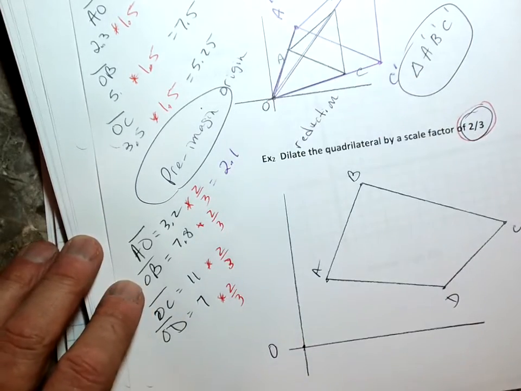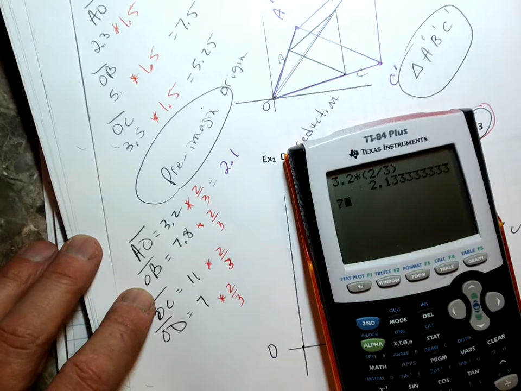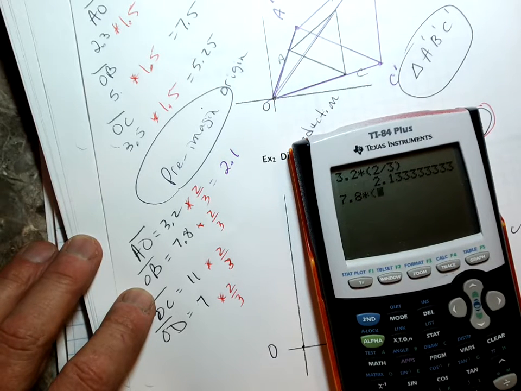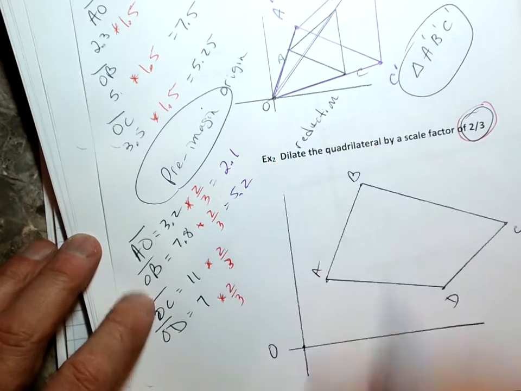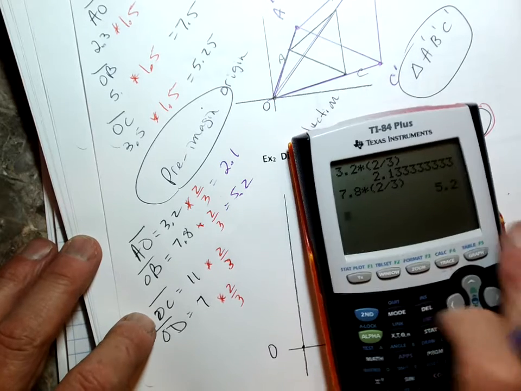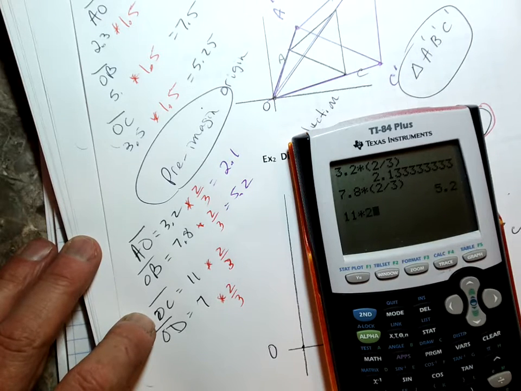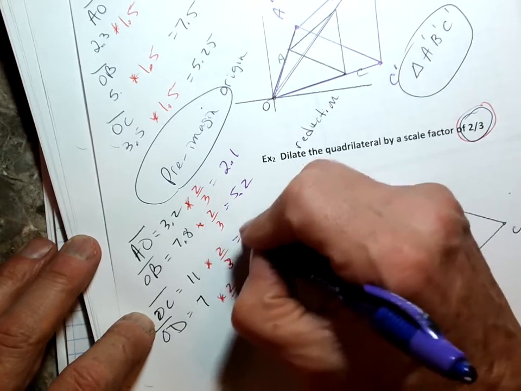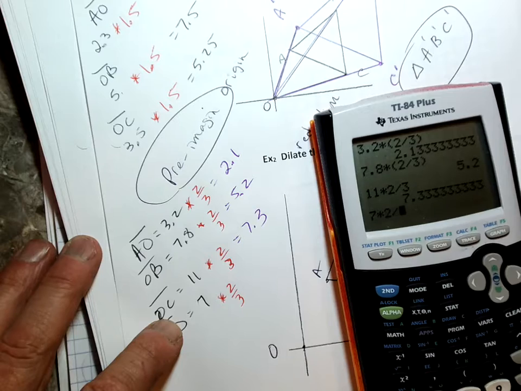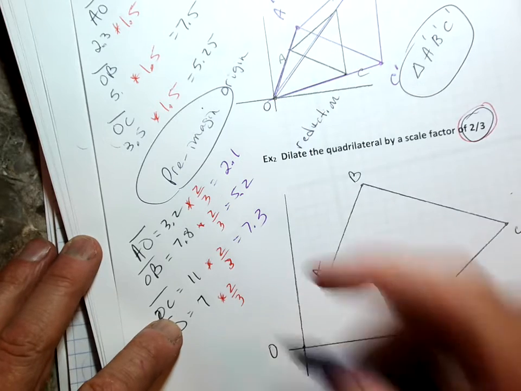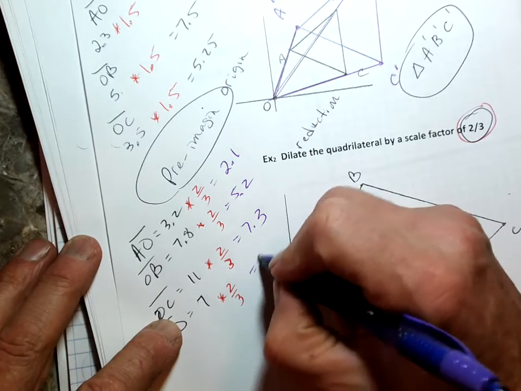Let's do the same thing here. 7.8 times 2/3, and I get an answer of about 5.2. Same thing, 11 times 2/3, I get an answer about 7.3, and then 7 times 2/3, I get an answer of about 4.66. We'll round up to 4.7.